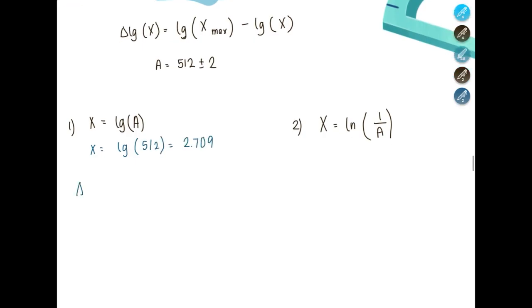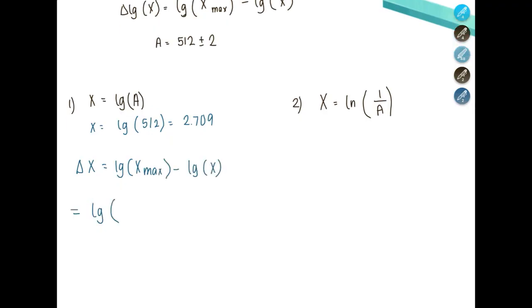So delta x equals log of x max minus log of x. x max is the maximum value. So 512 plus 2. These values range from 510 to 514 because 512 plus 2 is 514. 512 minus 2 is 510.